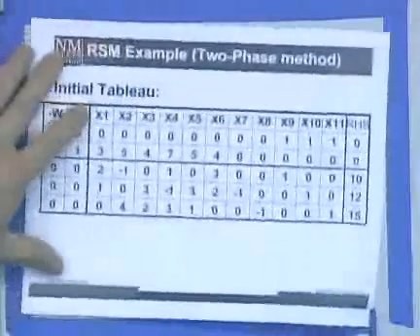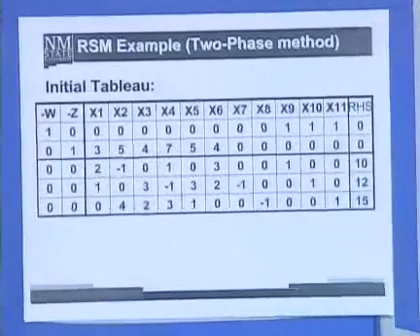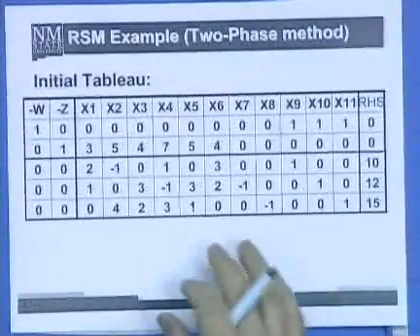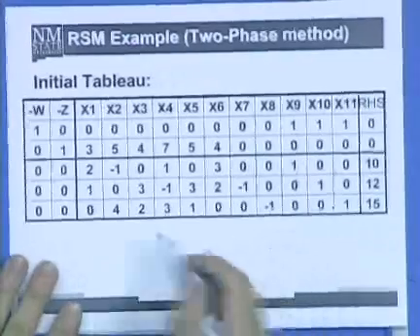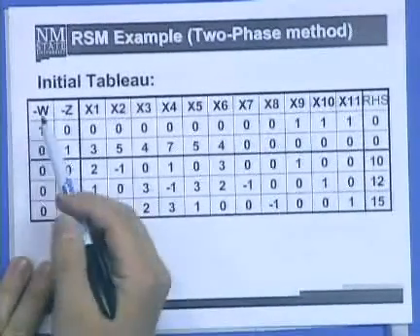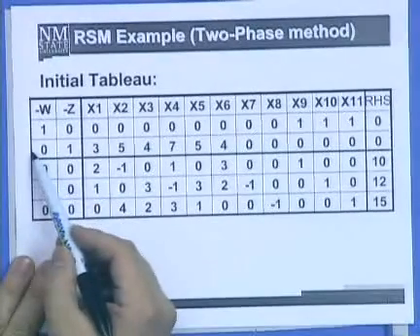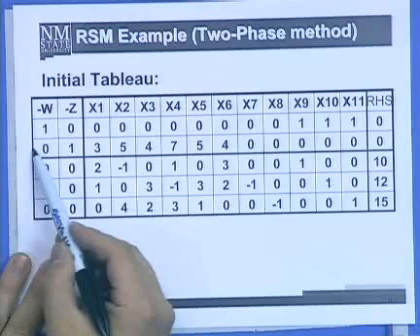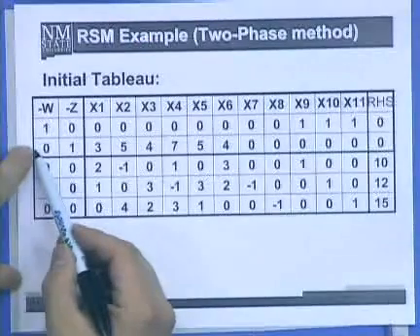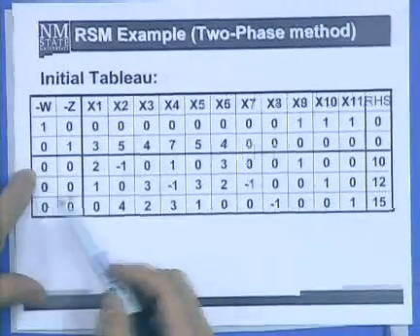So, based on this, we can construct the initial table like this, right? So the first row is the phase 1 objective function row, and the second row is the phase 2 objective function row, and three constraints, right?